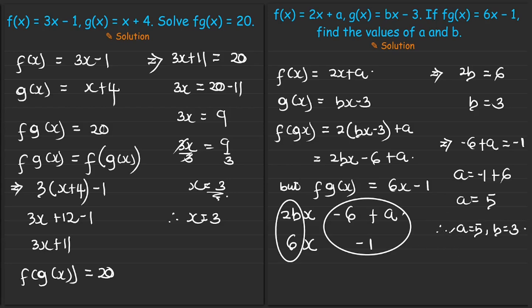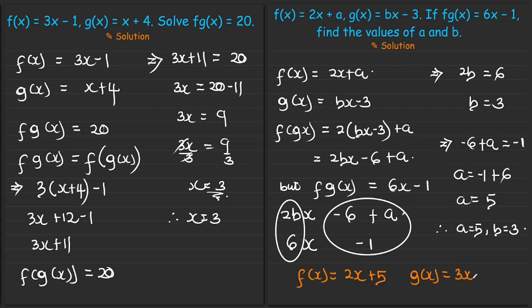After this, you can confirm to find out if it is true. What do I mean by let's confirm? Our f of x now becomes 2x, then instead of the a, we have plus 5. Then for the g of x, it also becomes bx, our b is 3.